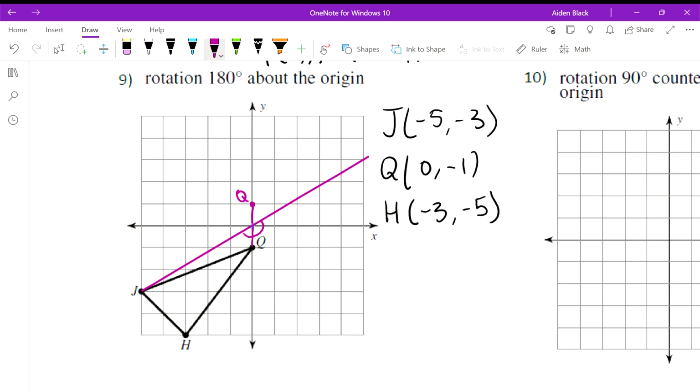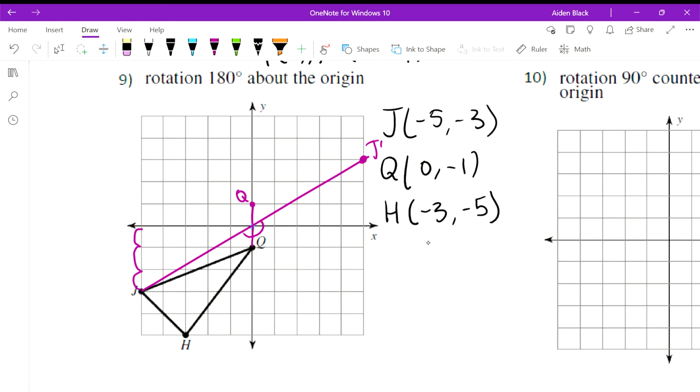But it needs to be the same distance. So what's the distance? 1, 2, 3 up. 1, 2, 3, 4, 5 over. So you can go 1, 2, 3, 4, 5 over, and 1, 2, 3 up. That would be our J prime.